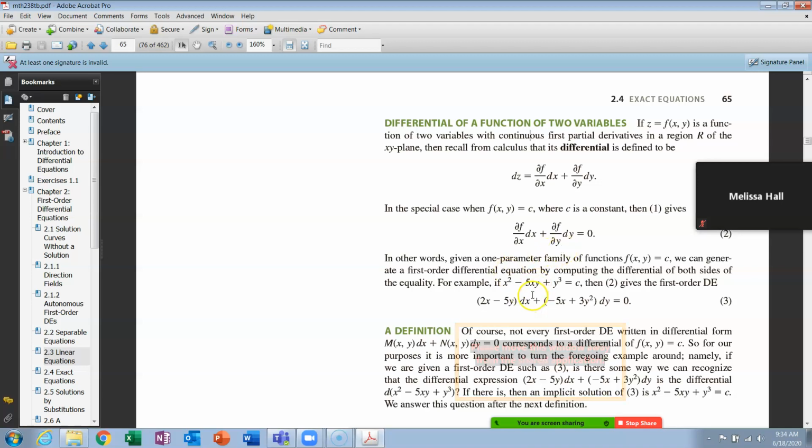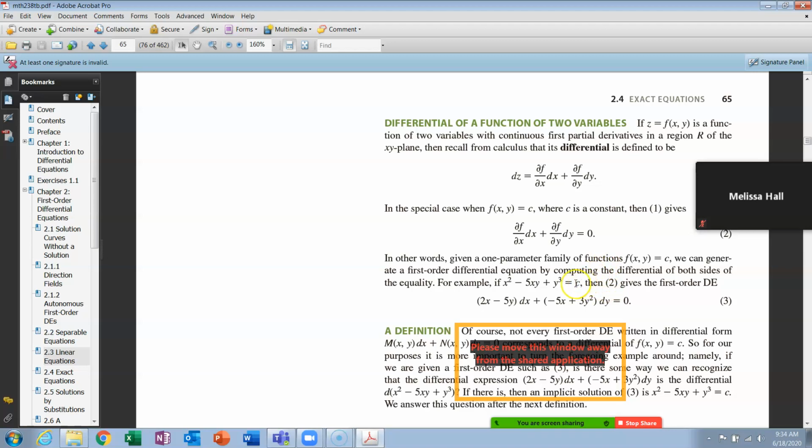Now we do the partial with respect to y. No y's here, so that partial is 0. Here's a y to the first power, so that's a minus 5x. That's all you have. And over here, plus 3y squared. So minus 5x plus 3y squared, and then multiply that by dy.